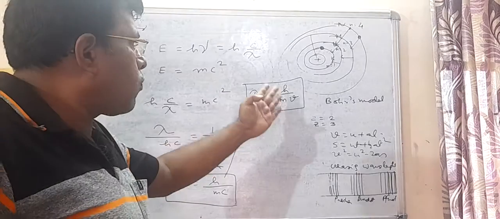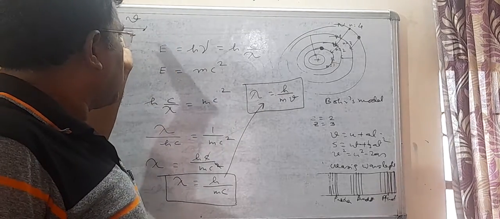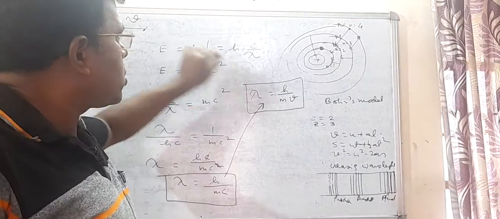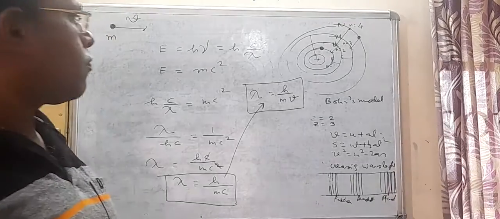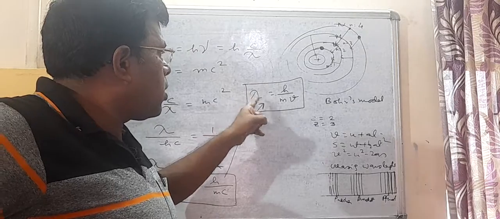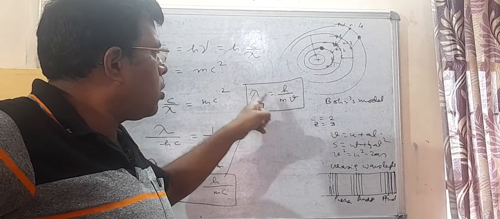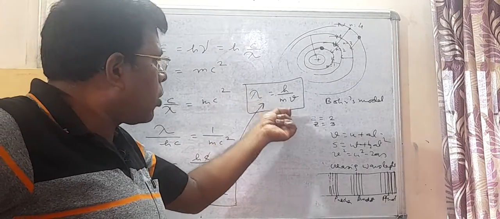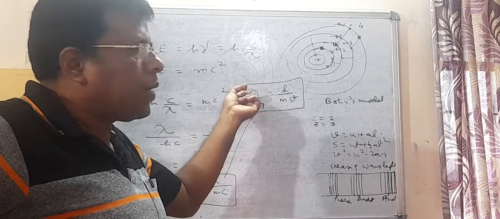And you can make it out from this relation. This concept of wave will be more significant for a microscopic particle, because the m value of a microscopic particle will be very small. If the m value is very small, the lambda value will be high. So a microscopic particle will have significant wave character.